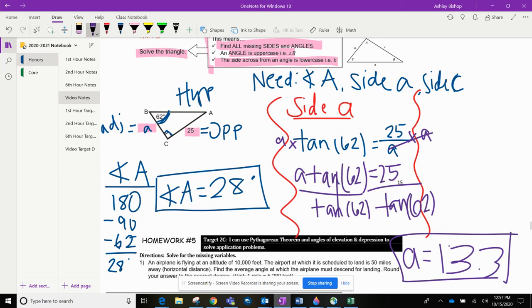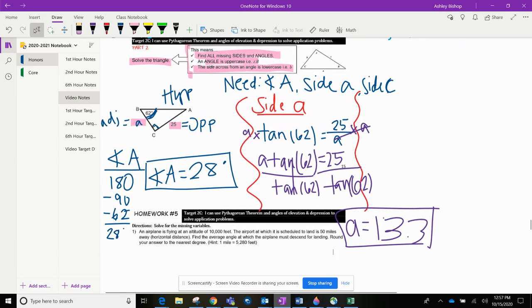All right, so to find side C now, I'm going to erase what I have over here. I can find side C almost the same way. There's two ways to find side C. I could do trigonometry again.